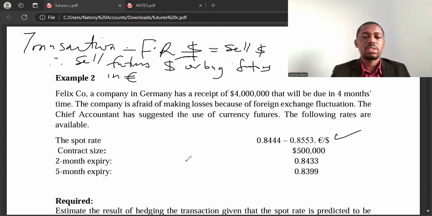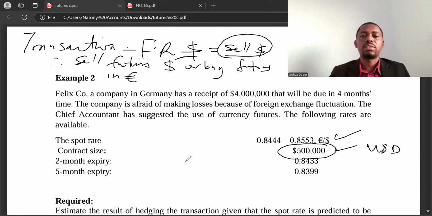This is the spot rate. This is the contract size. So this is the contract currency. The contract currency is in the USD. So therefore, the company should sell futures. So that is the decision. The company should sell futures.